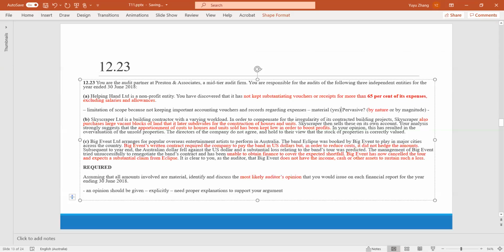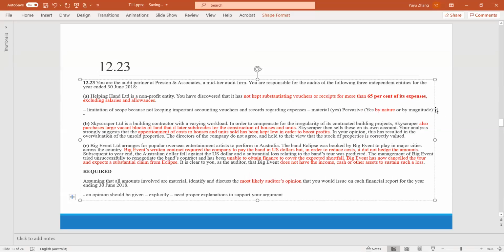Is this pervasive? I think also. Yes, especially for the nature of this organization. So what is a proper audit opinion in this situation? In theory, yes, a disclaimer of opinion would be appropriate for this situation. Okay. All right.